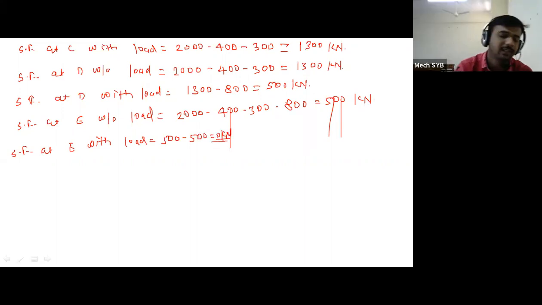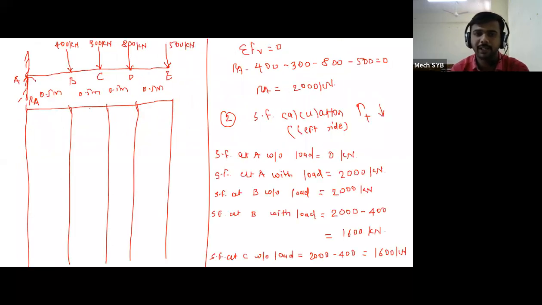So here also our conditions are satisfied, that is the start of the SF calculation and end of the SF calculation, it is coming equal to 0, means whatever the middle calculation we have done for remaining all the points, it is 100% correct. So now immediately you have to go for your SF diagram.